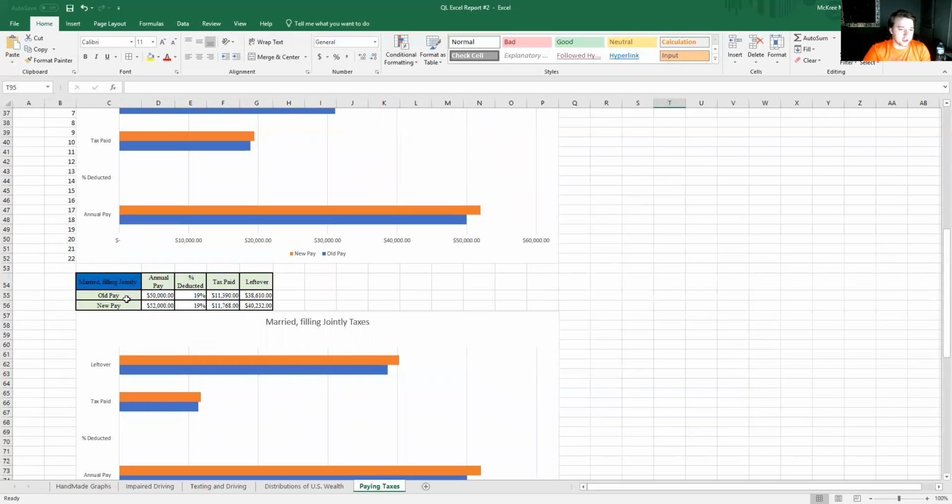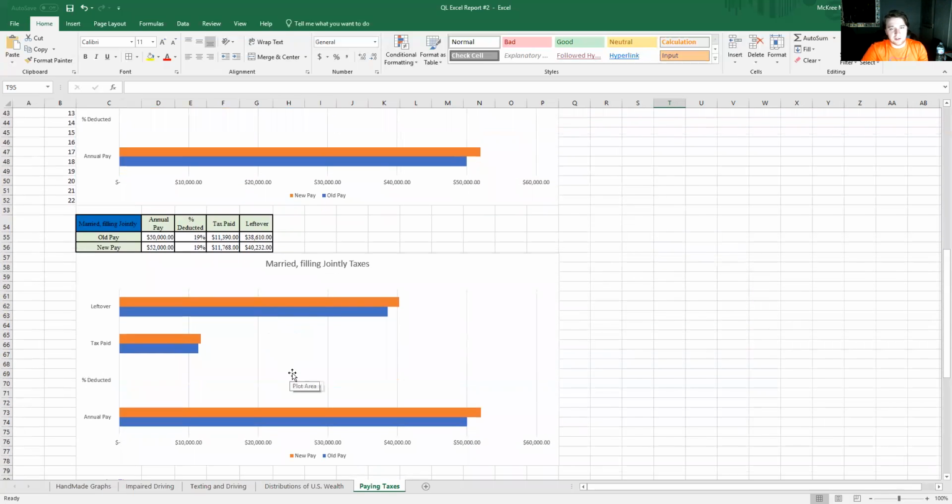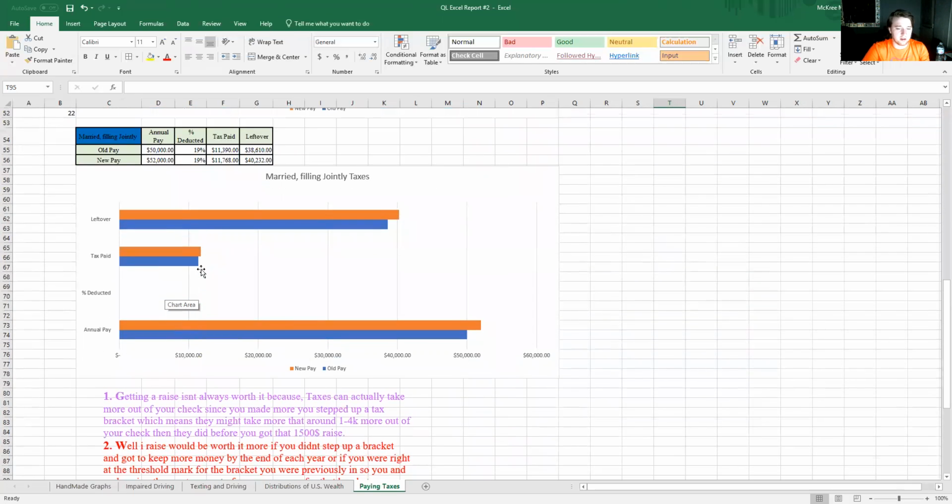Married and filing jointly, you got the $50,000. You ended up coming out with $38,000, and with the $2,000 raise, you come out with $40,000. So definitely worth it for this one, not overstepping into a new tax bracket.